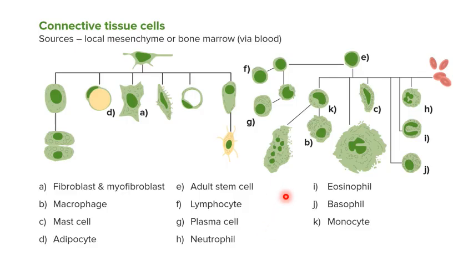Do you remember the mnemonic to know all the blood cell types? Things like never let monkeys eat bananas. That's it. So never is for neutrophils, let for leukocyte, eat for eosinophils, monkeys for monocytes, bananas for basophils.